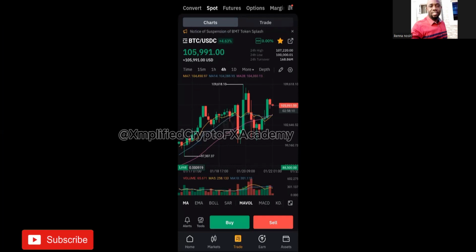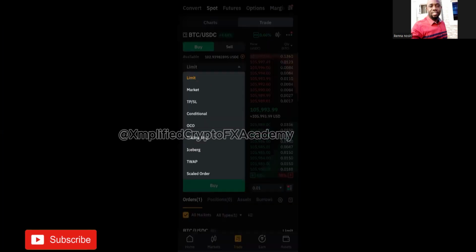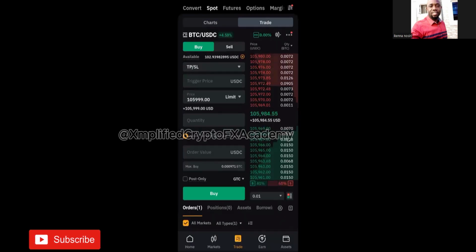So this time around, between the rest, which is TP and SL function, conditional, and lastly the OCO. All right, so over to TP and SL. We've done the first two, remaining the next three.